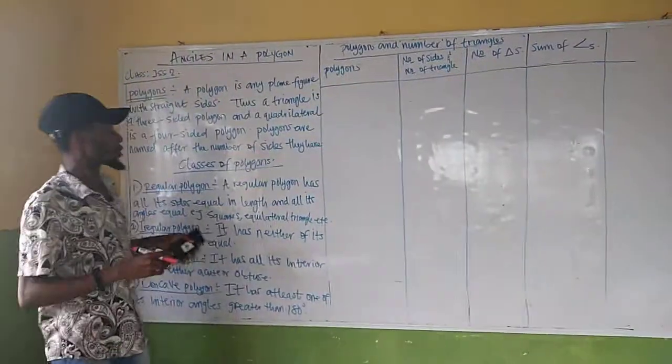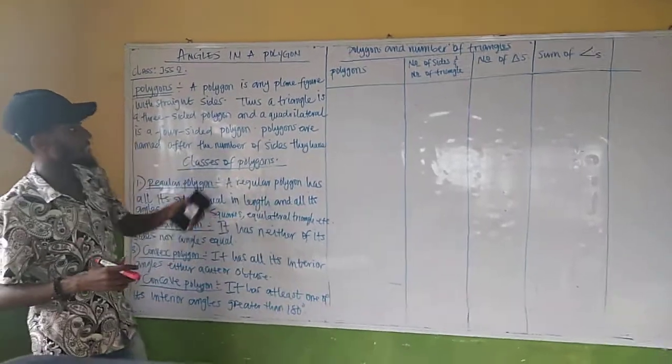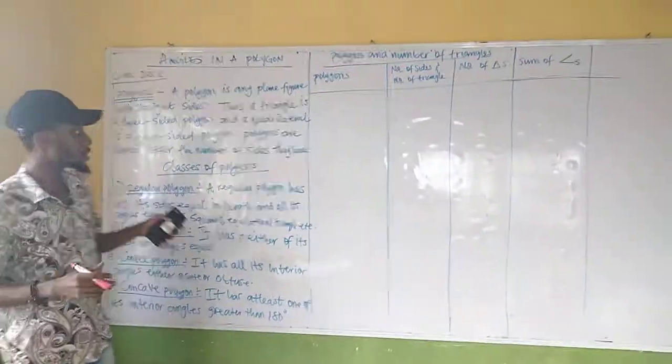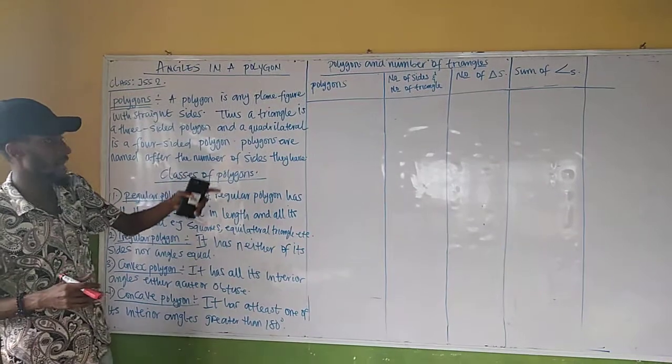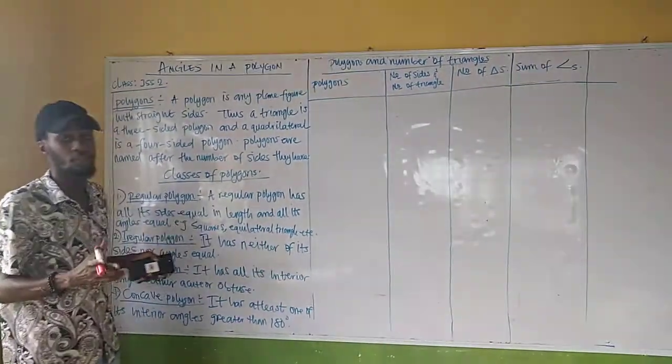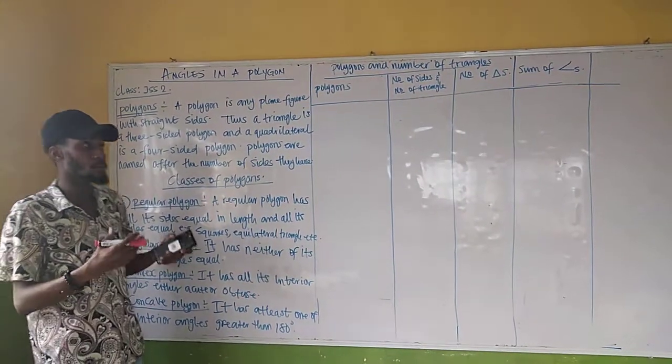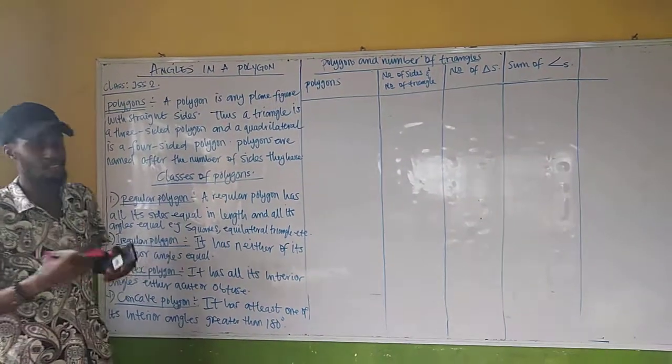Okay, so a triangle and a quadrilateral are good examples of polygons. Polygons are named after the number of sides they have. Before you can determine the name of a polygon, you have to consider its number of sides.